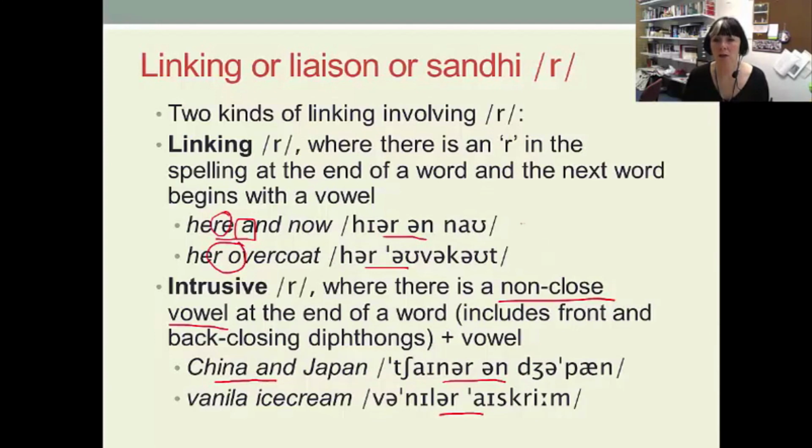So non-close vowels include schwa, they include the NURSE vowel, they include any of the centering diphthongs, so ear, air, and ua, not that that one occurs very often, but they don't include things like oo or ee or I or o, none of those kinds of things. So they only happen where we have a non-close vowel, and we can see here that China and vanilla both end with a schwa sound, so that's a likely place for me to have an intrusive R, but I don't have to do it. These are optional processes.